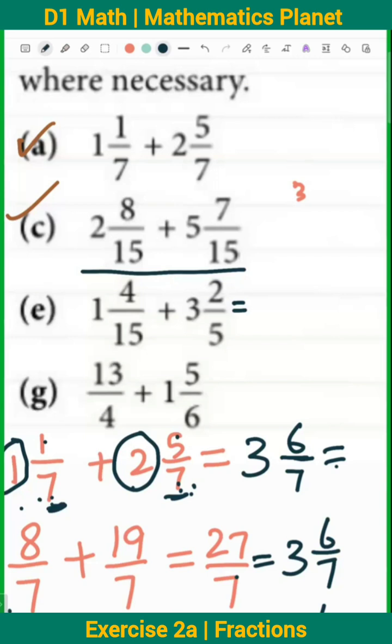Yes, Harim. 4 whole 10 by 15. How did you get this? First of all, we need to add the whole numbers. 3 plus 1 is 4. Then make the denominator the same. So what will we get? 5 times 3 is 15, 3 times 2 is 6 by 15.